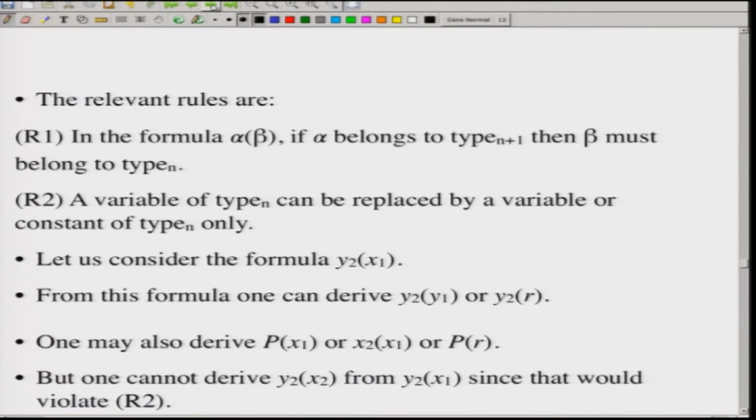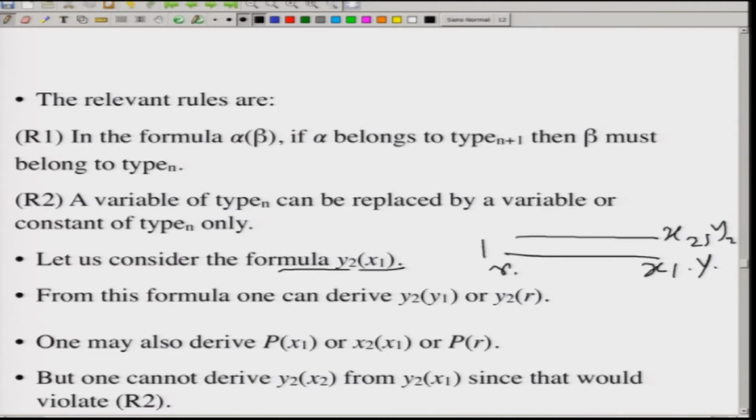Now, let us consider the formula y2 x1. The 2 means second order, that is a second level variable, and 1 is lower; the lowest type is 1. Then we have x2, and so on, along with r and p. I am not writing what those are.